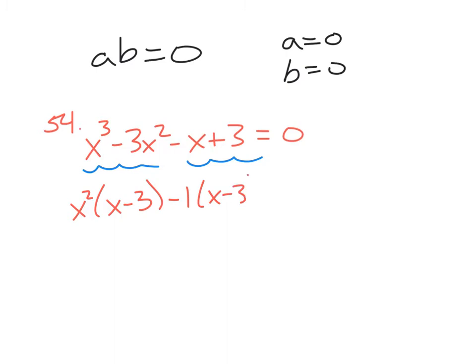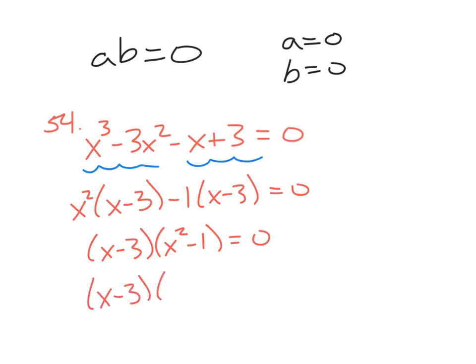So then we can take an x minus 3 out, and we're left with x squared minus 1. We can actually still factor the x squared minus 1 because that's a difference of squares. What does that factor into? x minus 1, x plus 1. Is that okay with everybody?